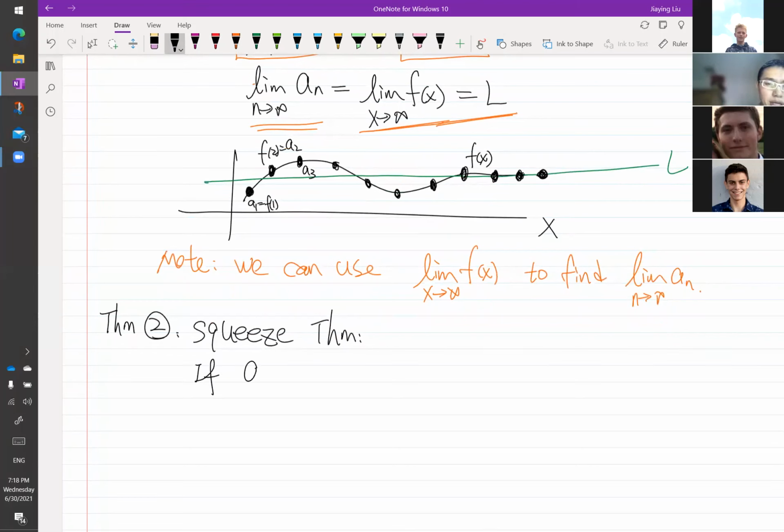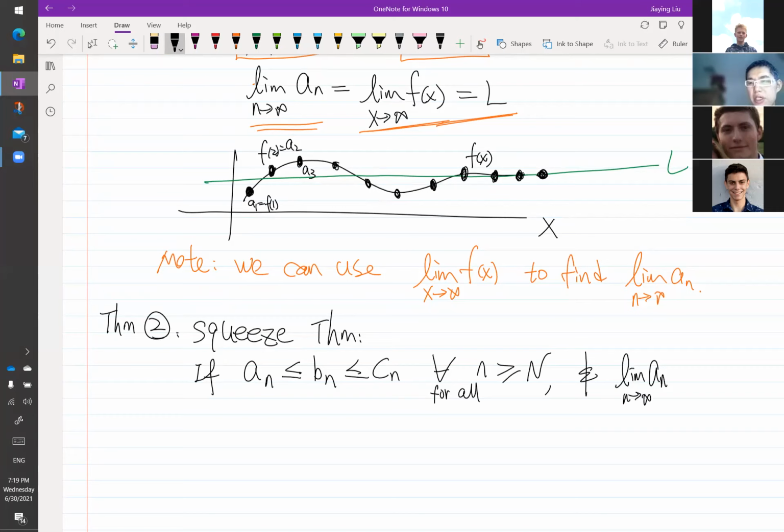It says if we have a sequence a_n and a sequence b_n and also a sequence c_n, if the elements a_n are less than or equal to b_n, less than or equal to c_n for all, and I'm going to use this notation, the upside down A, which means for all, so for all n greater or equal to capital N, and if we know that the limit of a_n as n goes to infinity is equal to the limit of c_n as n goes to infinity, so the a_n sequence has the same limit as the c_n sequence, both equal to L, then the limit of the sequence b_n as n goes to infinity is also equal to L.